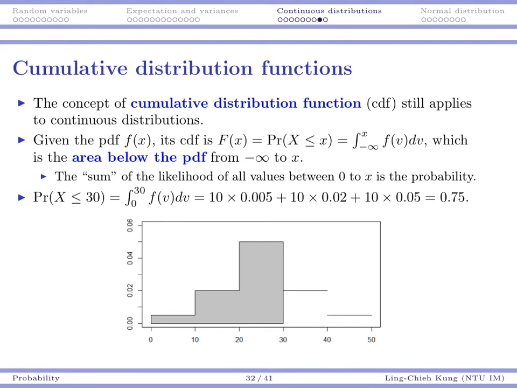Given a PDF f of x, if we want to calculate the probability for capital X to be less than or equal to small x, technically, we do an integral from the lowest possible value to the given value x, and we sum up all those likelihoods.